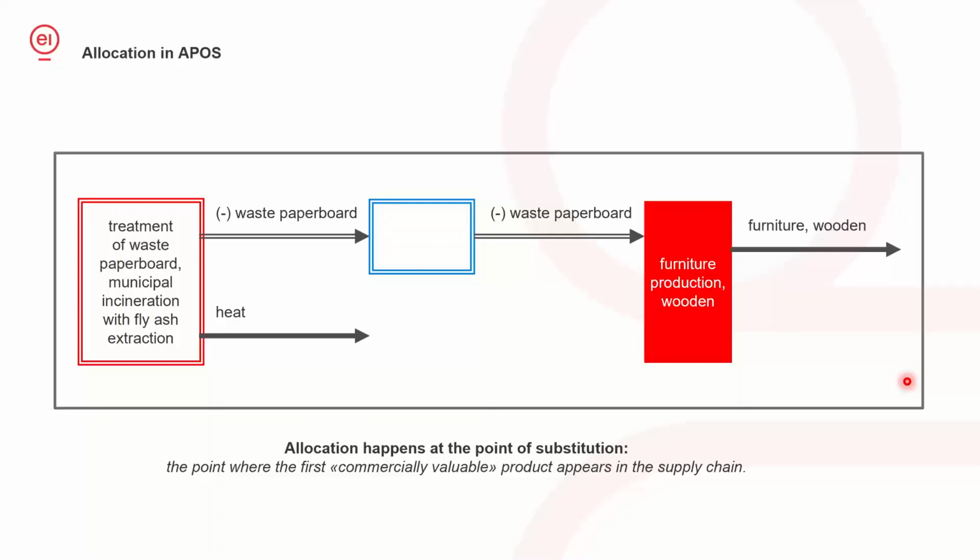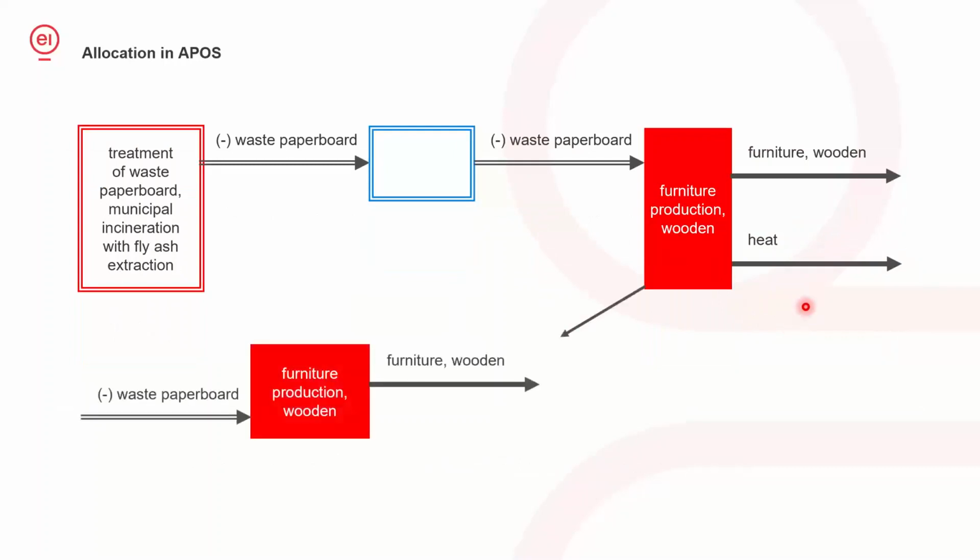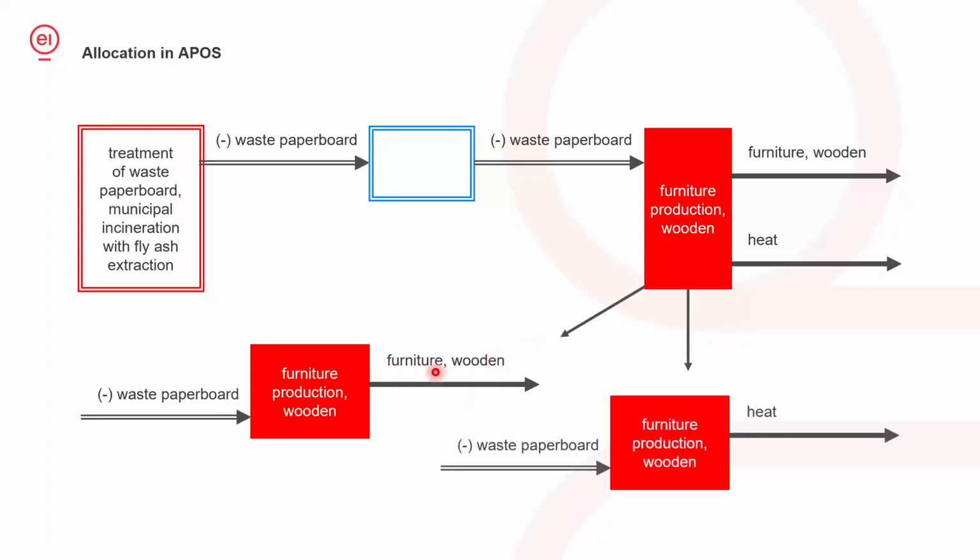This is the point where the first commercially valuable product appears in the supply chain. So the impacts of furniture production and of treatment of waste paperboard will be allocated to both furniture and heat. And we will have two activities with two different reference products. One is the furniture and the second one is the heat.